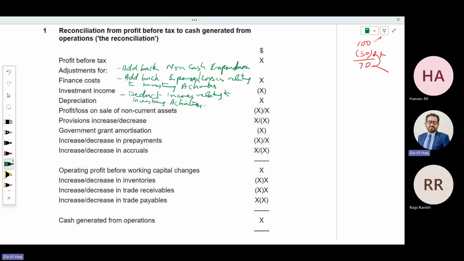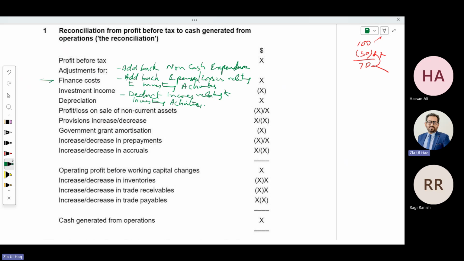If we dispose of any asset and generate a gain on sale, that gain was recorded in P&L before calculating this profit before tax. So that should be deducted. That is income relating to investing activities. That is what we need to adjust.